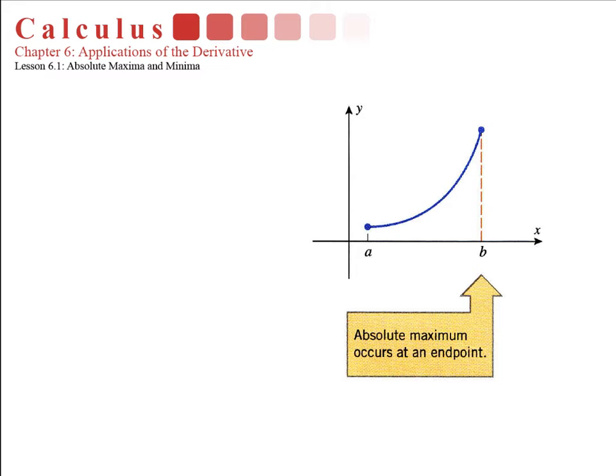So by the extreme value theorem, there must be absolute extrema. And visually, by inspection, we can see from the graph that these extrema occur at the endpoints themselves. So these would be considered the critical points, the endpoints themselves. The absolute maxima is at B, and the absolute minimum is at A.